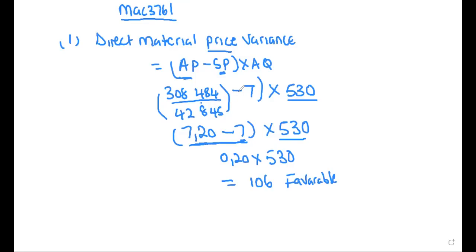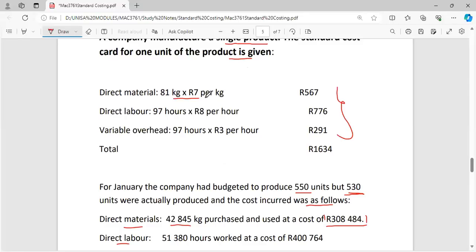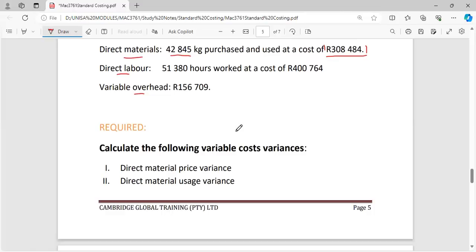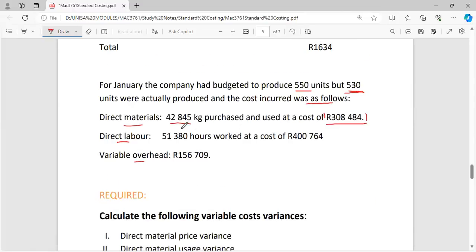These are the material costs per kg, am I right? So we should not have this 530. If you look at the question, the 7 Rand is per kg. And here the quantity was 42,845 kg. Is it not the figure that we are supposed to use?